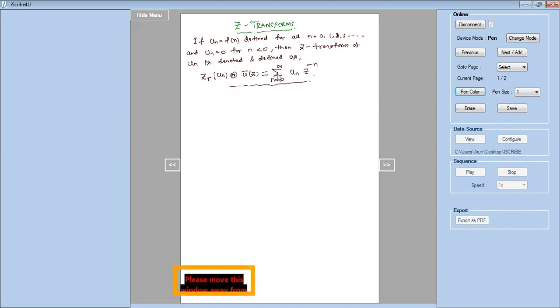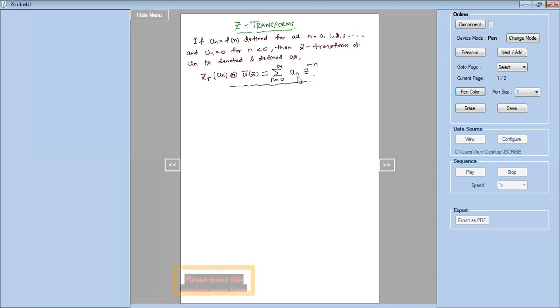Integration and summation mean the same, so this is also a part of integral transform. The actual meaning of integration is a summation. Z transform is for the discrete case, so we write summation, n varies from 0 to infinity, un z power minus n. This definition you have to remember.